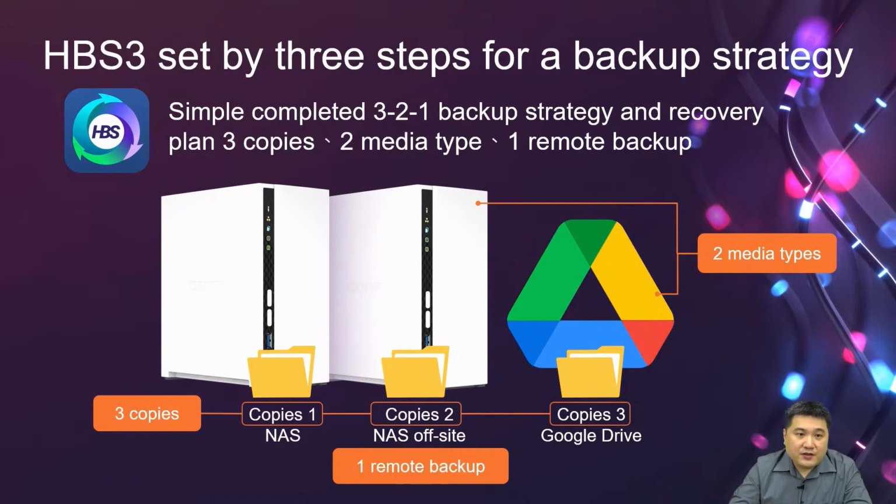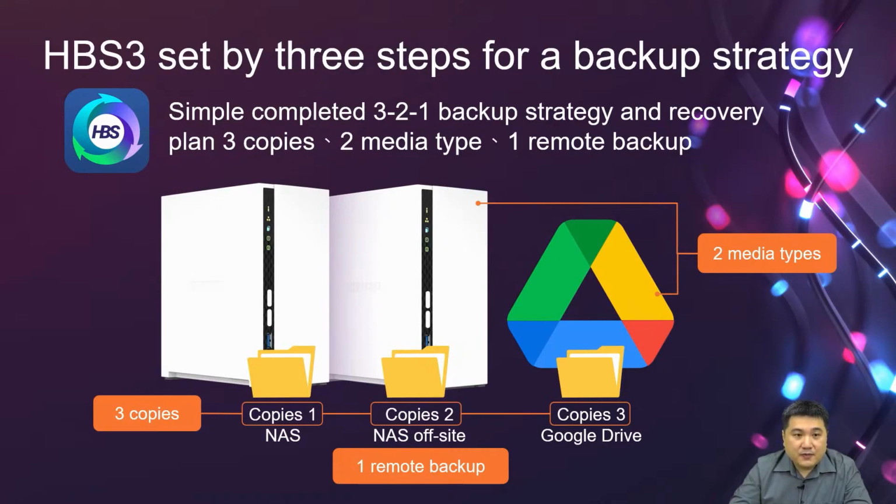There are three file icons on the screen. We are naming them as copies. First, you need to prepare 3 copies of important files. Second, put them in 2 different media like NAS and Google Drive.